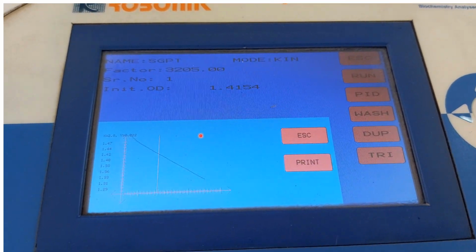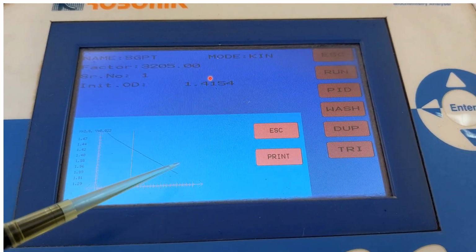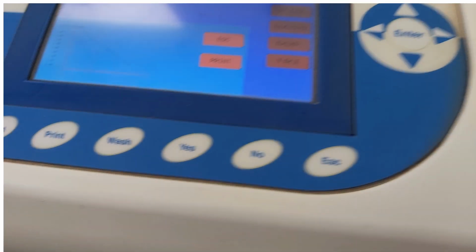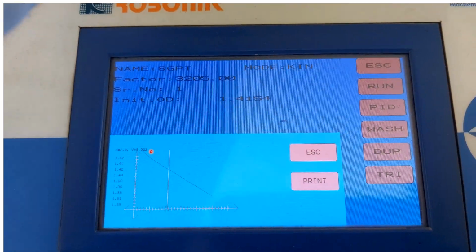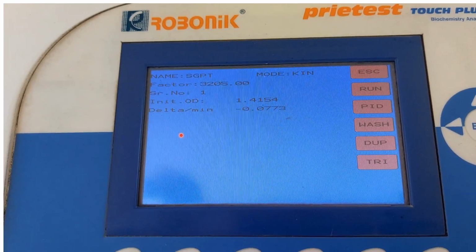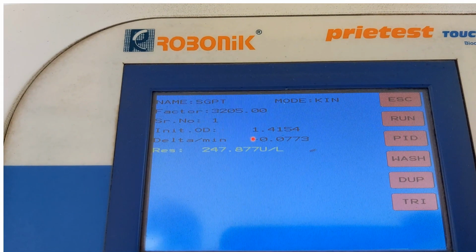3 minutes are over, and this is the initial OD. This is the factor, and we'll soon get the final OD. So now the whole graph is ready in front of you. So this is the delta per minute, that is the initial absorbance minus final absorbance, and it has been multiplied with the factor to get the values.